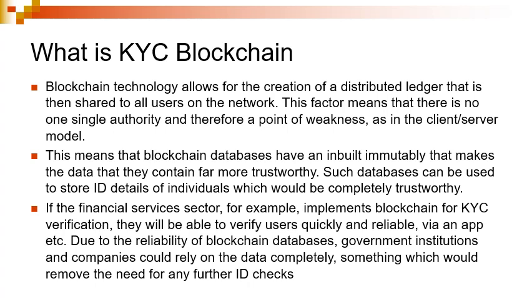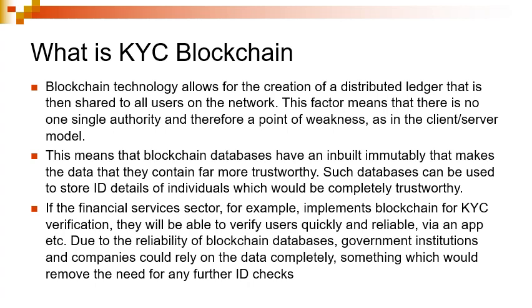In the centralized system, this copy of the blockchain is available to all the stakeholders, and immediately if there are any changes in the KYC document, that can be immediately noticed by all the participants in the blockchain. So this means that blockchain databases have an inbuilt immutability that makes the data that they contain far more trustworthy.